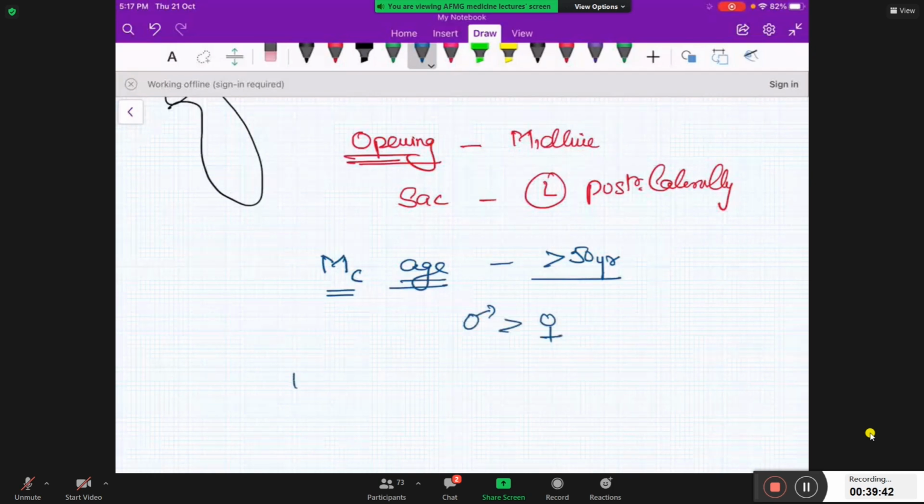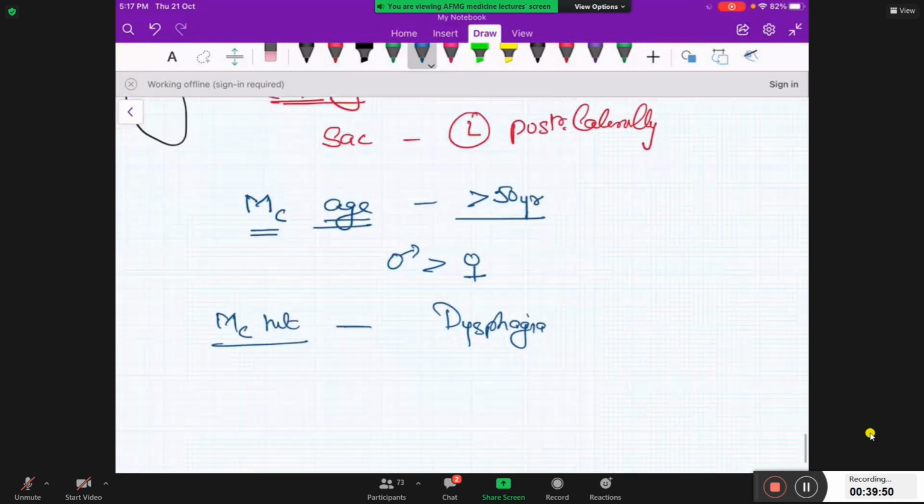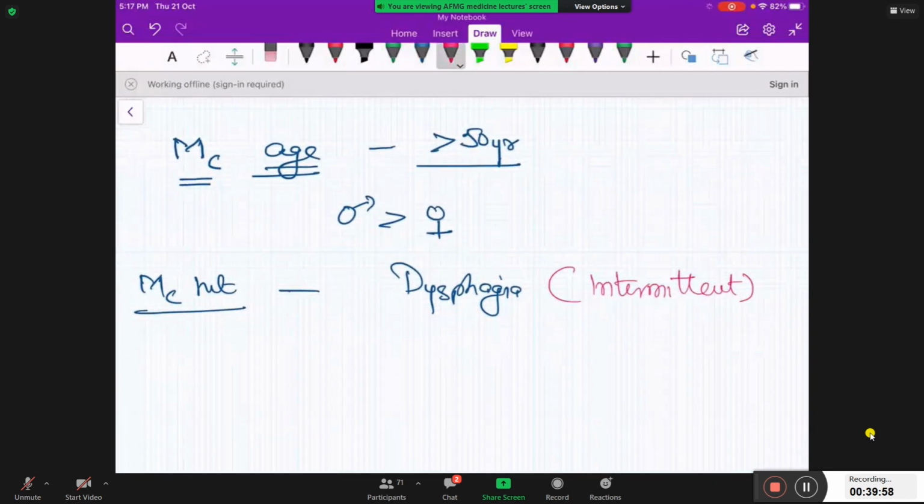The most common presentation here also is dysphagia. But the important point about this dysphagia is that it is an intermittent type of dysphagia. The dysphagia in Zenker's diverticulum is an intermittent type of dysphagia. One important point.